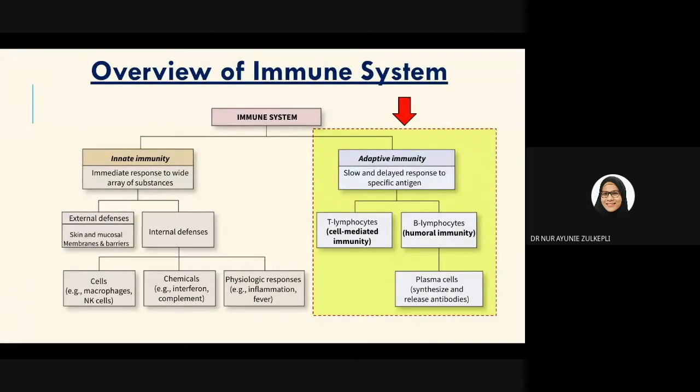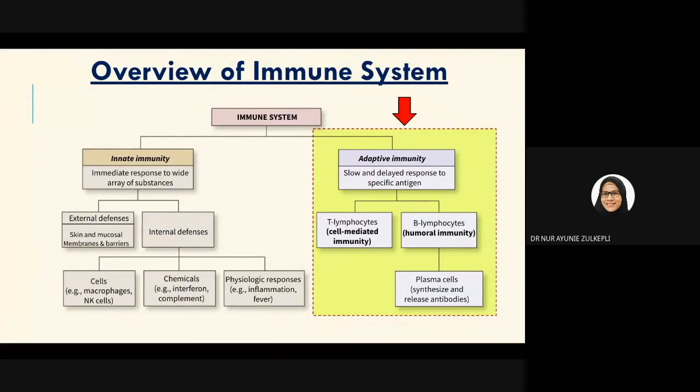So, the overview of the immune system. We already covered innate immunity. Everyone is clear about innate immunity and adaptive immunity, divided into T lymphocyte cell-mediated immunity and B lymphocyte humoral immunity. Let me recall slightly what we learned last week.